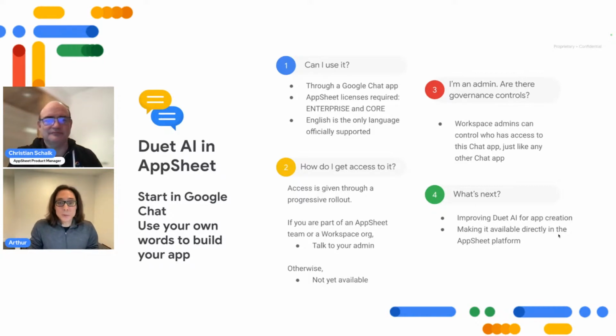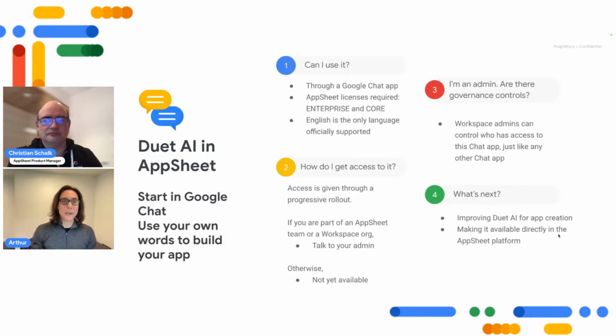So I know some of you in the audience are admins, either from an AppSheet team or workspace organization. You may be wondering, if we ask you to enable it, how does that work? What kind of governance controls are in place? For now it's an unusual mechanism in some sense, but you do have control.